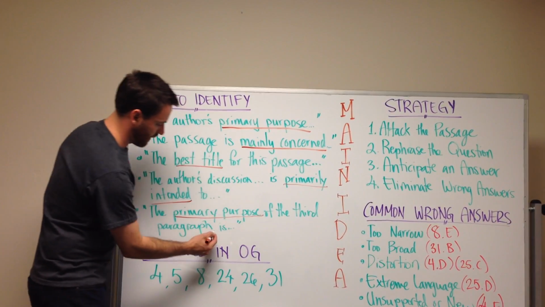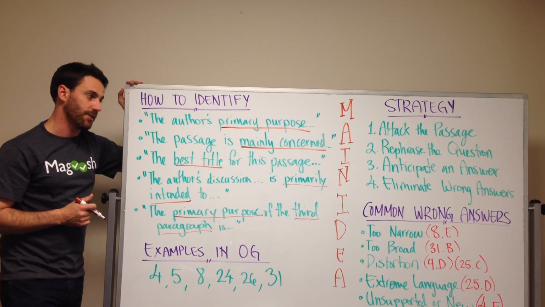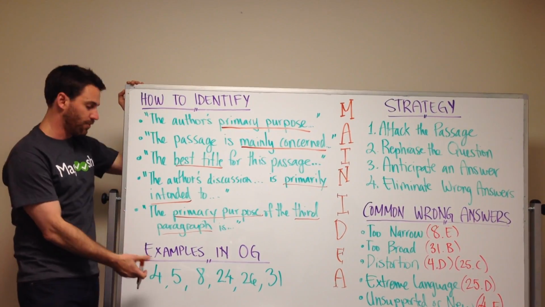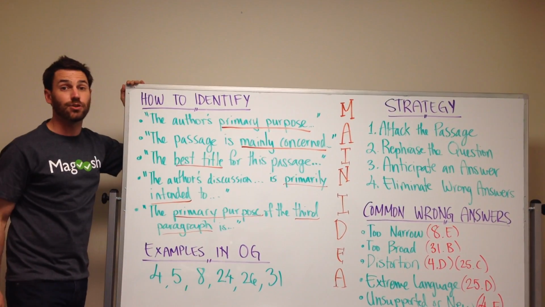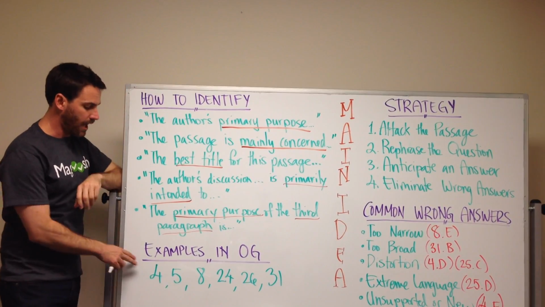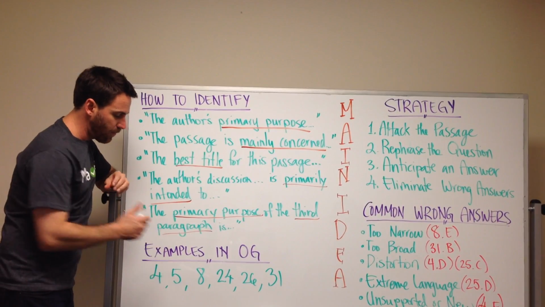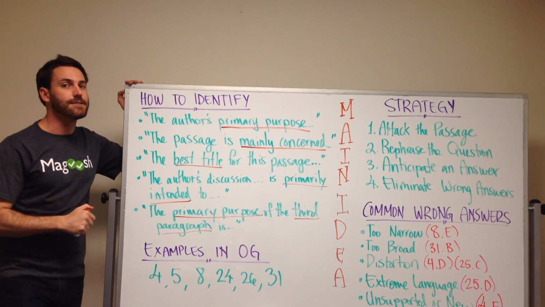So primary purpose, and then we'd obviously want to pay attention to the third paragraph when answering. And so there are some examples. There's more than just these that I've listed here. But OG stands for the official guide, so the GMAT official guide. And I was looking in the 13th edition. And so if you go look at numbers 4, 5, 8, 24, 26, and 31, you'll see some examples of main idea questions.